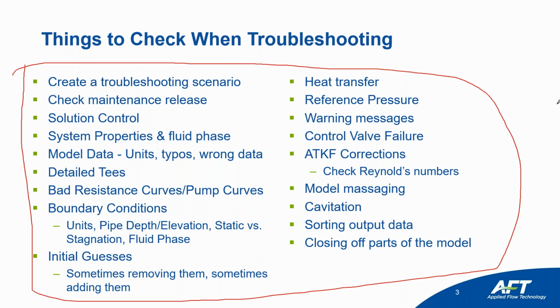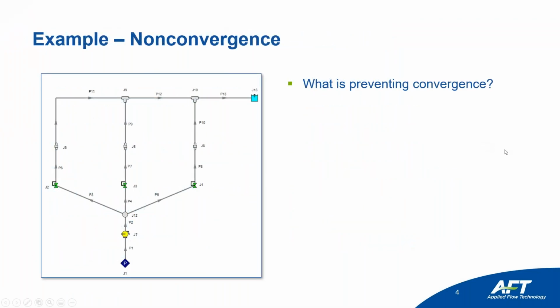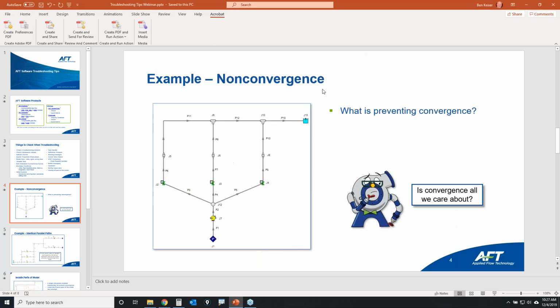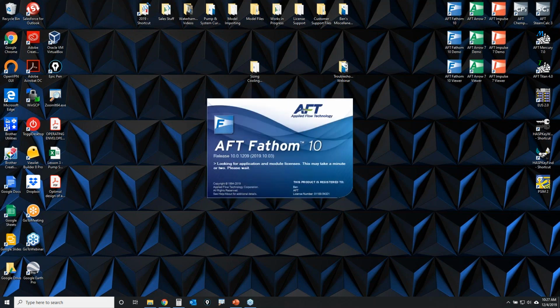All right, let's take a look at some examples now. So the example that I want to do first is this particular model file that does not have convergence. And so I'm going to go ahead and move my PowerPoint presentation to the side, and then I'm going to open up that model file, and we're going to run it and see what happens.